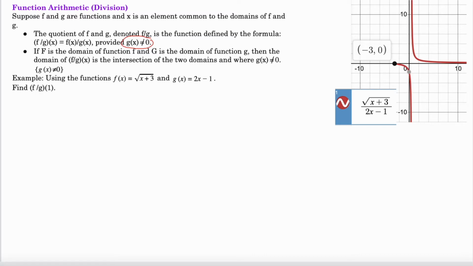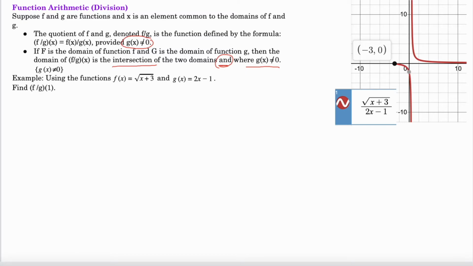So just as if we were doing the domains beforehand, we'll want to take into consideration not only where they intersect, but also where g of x does not equal 0. So we have a little extra piece. Not only is it the intersection, but it is also where g of x does not equal 0. Let's take a look at that.